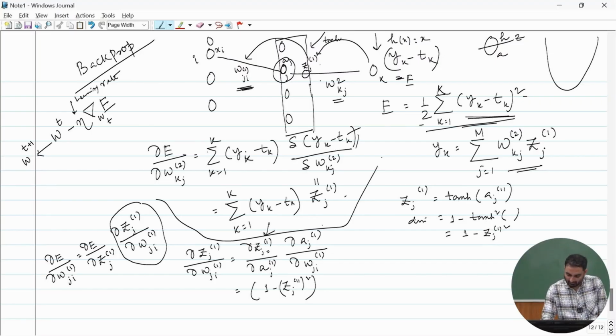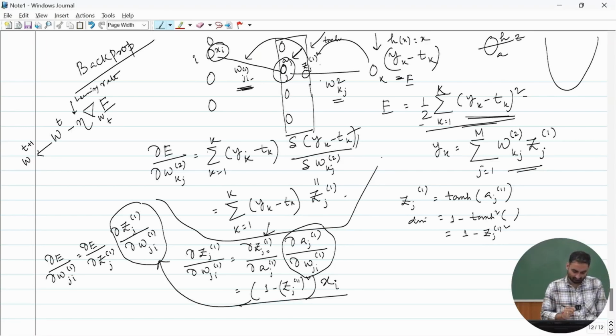Now what is this part? aj1 is nothing but the weighted sum of all the inputs, and when we are taking the derivative with respect to wji1, only the corresponding input will be responsible. All the other inputs will act as constants, so this derivative will produce xi. If it is not clear, please go back and check the chain rule. So this is my result for this component.